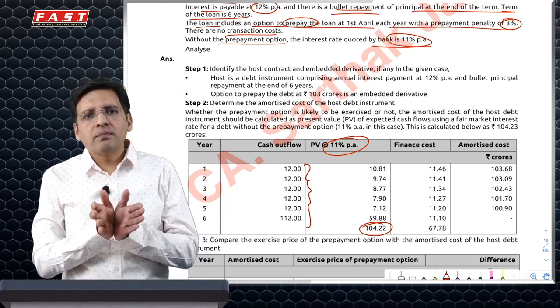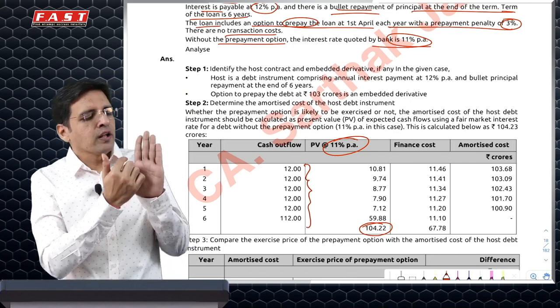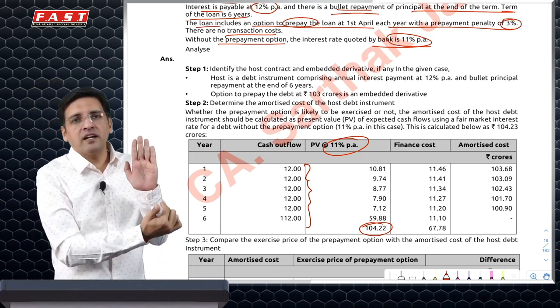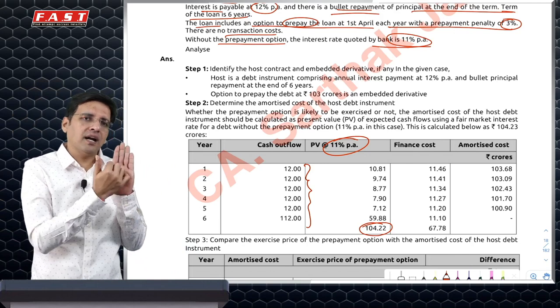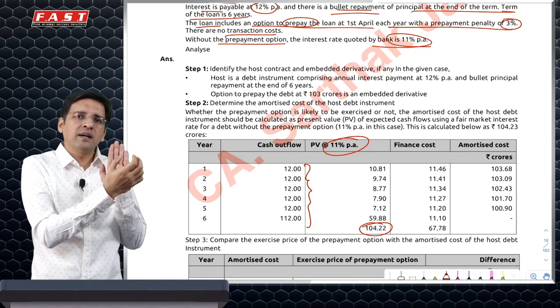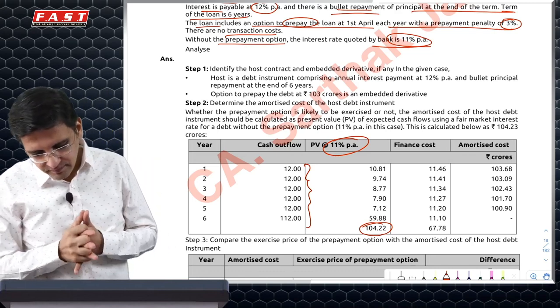If split accounting applies on day 0, I would do an accounting wherein I would say loan taken. So I'll debit bank by 100, but I'll credit my financial liability by 104.22, which is the fair value at 11%, and I'll debit derivative financial asset by 4.22, which is the option premium I've calculated using this fair value logic.